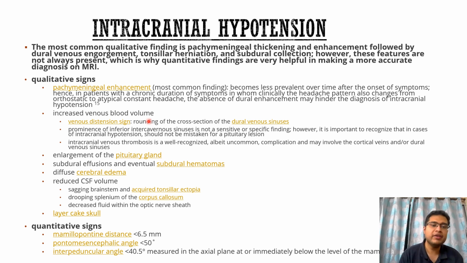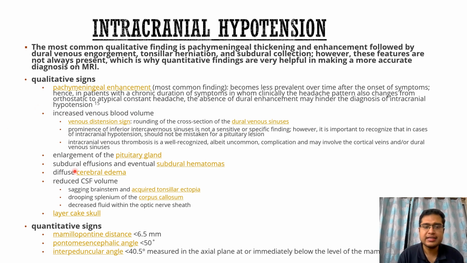In that case, we can take help of other imaging findings as well as quantitative signs to diagnose this particular condition. So increased blood volume, which is actually seen in the form of the venous distension sign, which I showed in the previous slide, which was convex borders of the dural venous sinuses. It's called the venous distension sign.